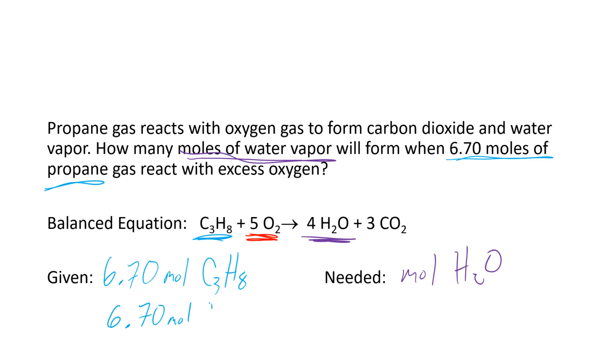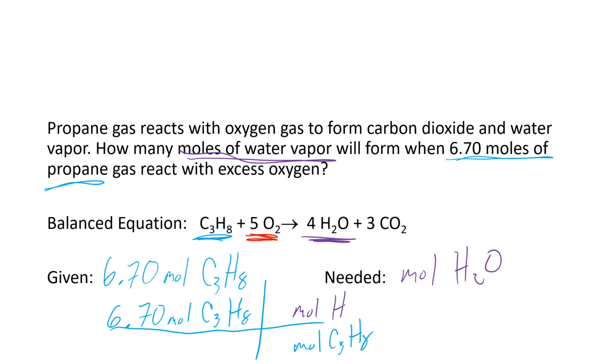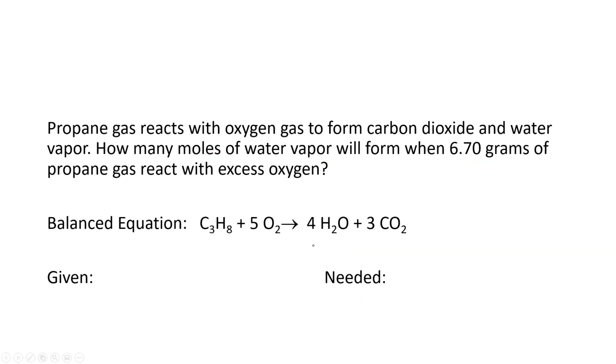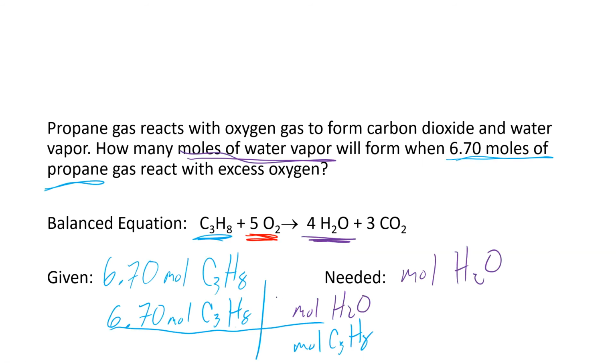problem. So we start with moles of propane. And we need to get out of moles of propane, and we got to get into moles of water. And we're going to use the balanced equation to do that. So we know there's 4 moles of water for every 1, understood.